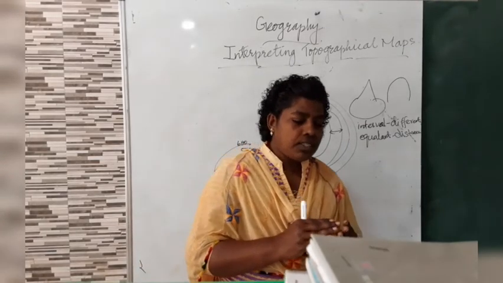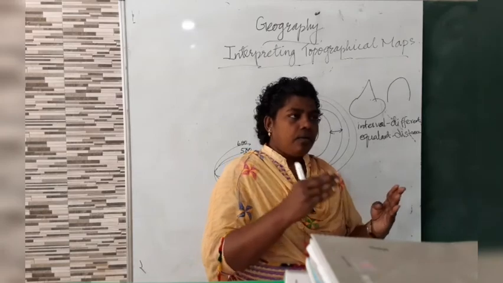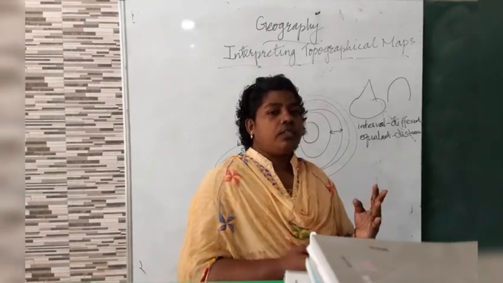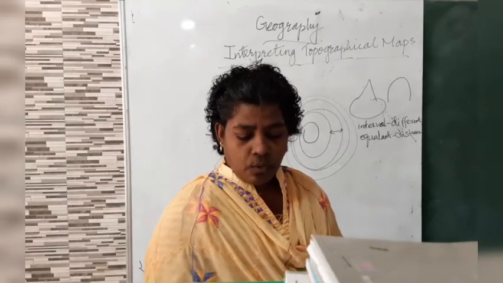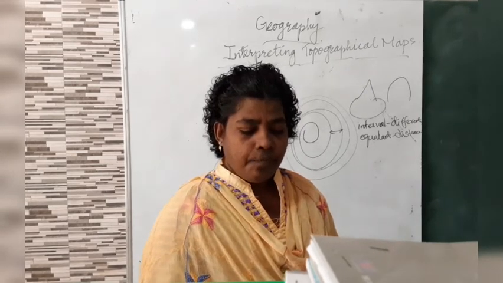Then what else have you seen? Kinds of roads or the transportation and communication also determine the location of the settlement, that you learned yesterday. Then what other things did you learn?